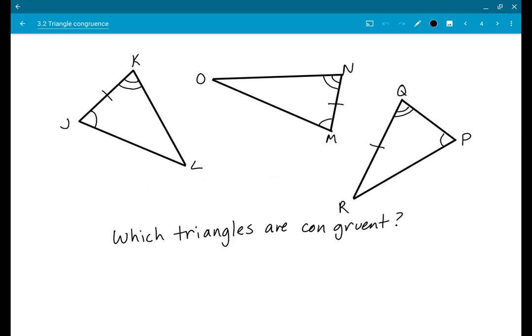But if you look over to the right, they're not in the same order. So even though the same information is given, we have angle, angle, side. And that is not the same information. The information has to be in the same order to show that the two triangles are congruent.